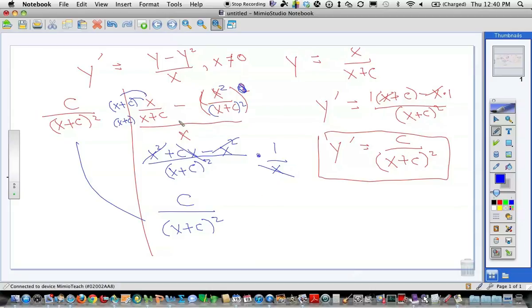Now, there's another part of part A though. Part A said show that 0, 0 is a part of every solution. Okay? And what that means is plug it in right here. If you put a 0 in for x, you get 0 over c, which is 0.